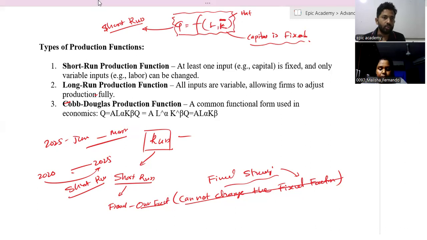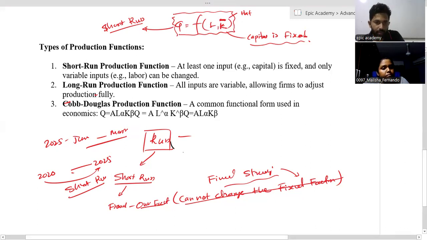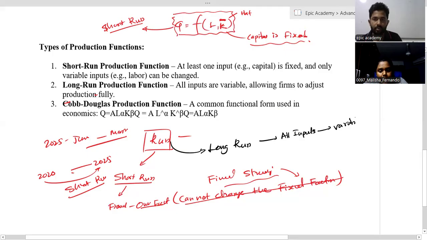So then what about the long run? Long run means in that position, all inputs, each and everything, all inputs become variable. That means in here, now you can change the entire production process. Even buildings, machineries, equipments, land, each and everything you can change.